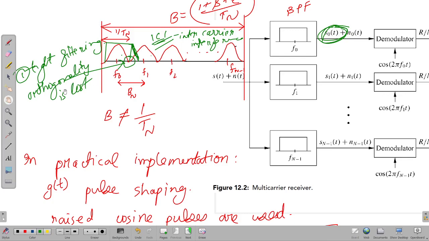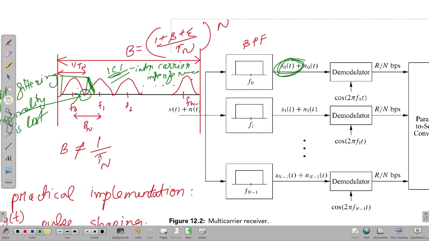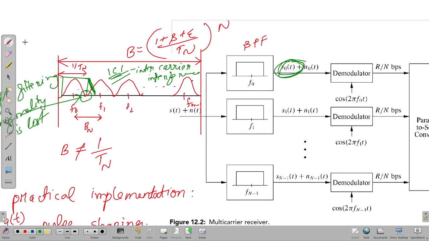And the second point is that here you actually need only a bandwidth of N divided by Tn, right? Because you have N subcarriers, each having a bandwidth of 1 by Tn. But because of the pulse shaping, you have an additional roll-off factor beta. Because of time limiting, you have this factor epsilon.